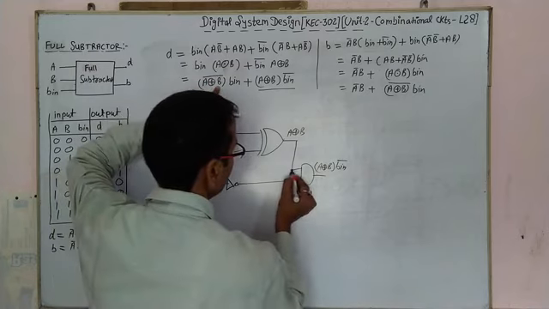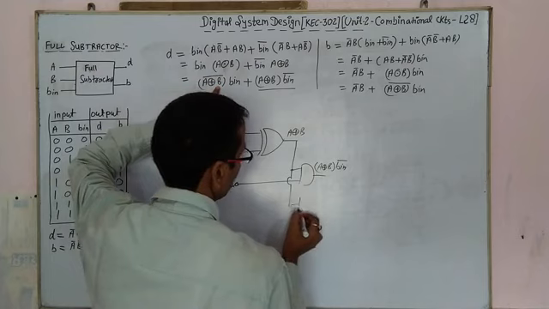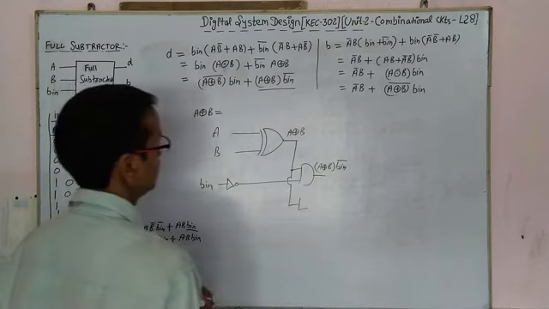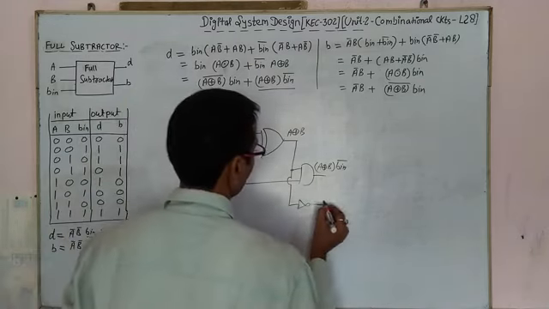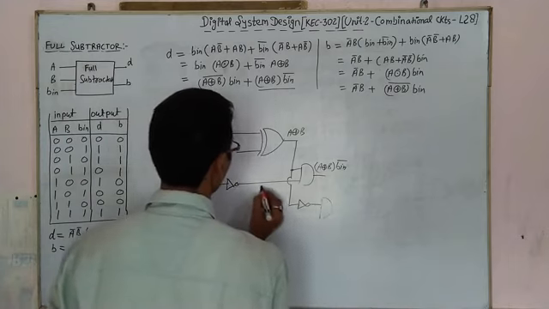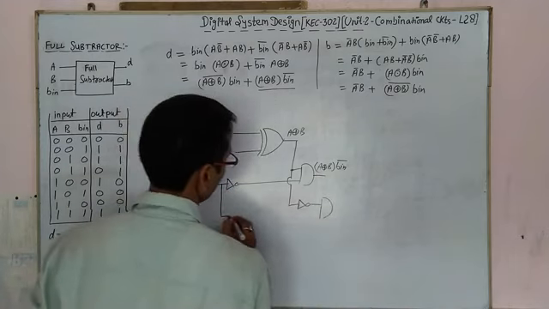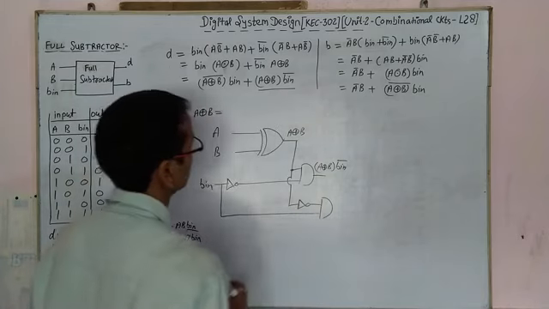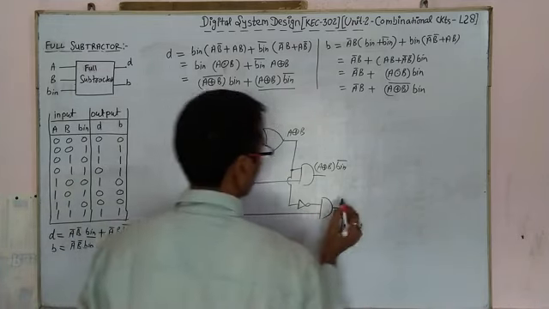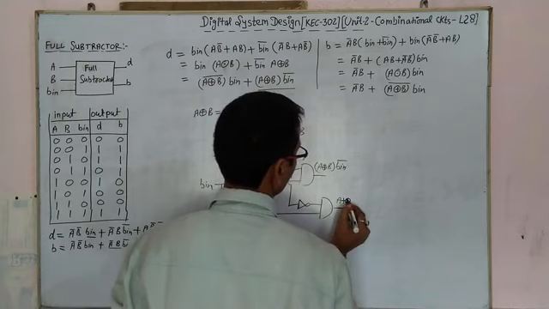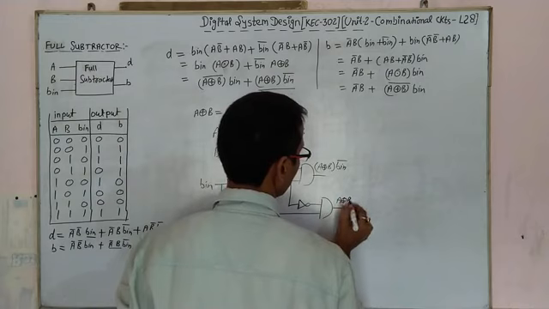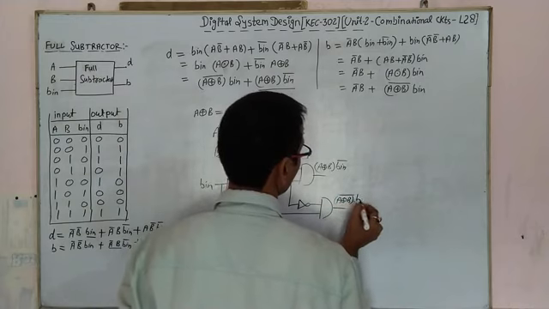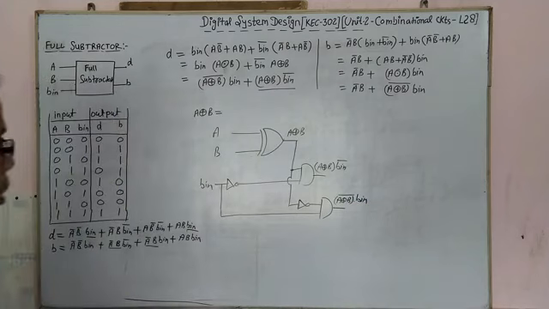So this is A XOR B, and this is A XOR B bar, multiplied with B in.